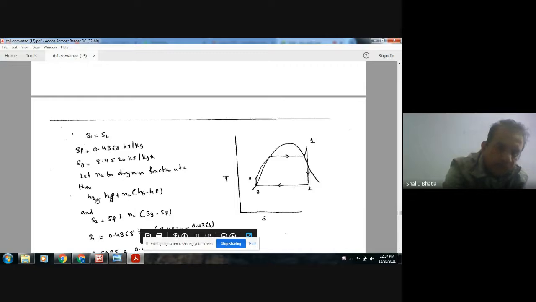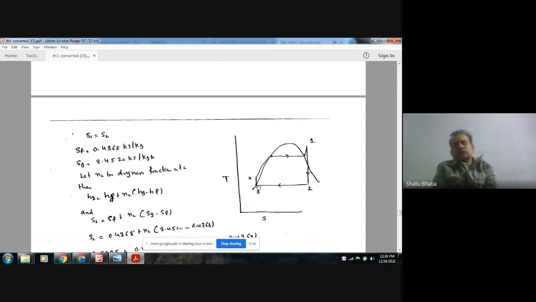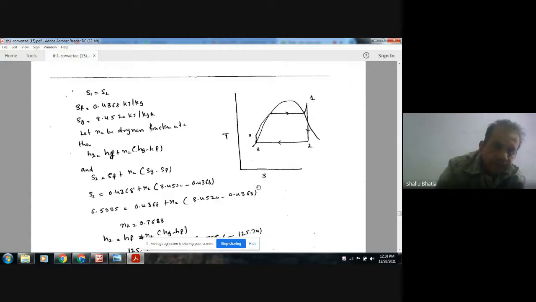Then enthalpy H2 is equal to Hf plus X2 times (Hg minus Hf), where Hg is the saturated vapor enthalpy at 30 degrees Celsius and Hf is the saturated liquid enthalpy at 30 degrees Celsius. Similarly, S2 is Sf plus X2 times (Sg minus Sf); Sg and Sf are given, and S2 is equal to S1.